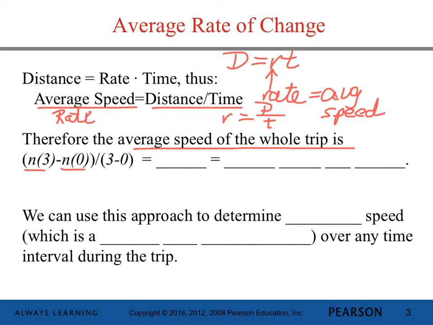So therefore, our distance was 138 miles divided by 3 hours, which was 46 miles per hour. So this was our average speed, which is a rate of change.